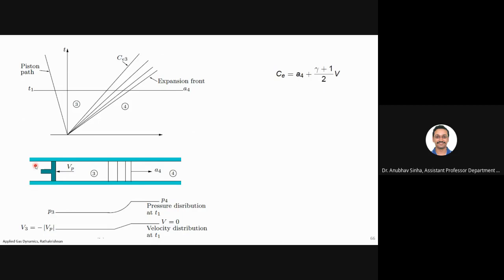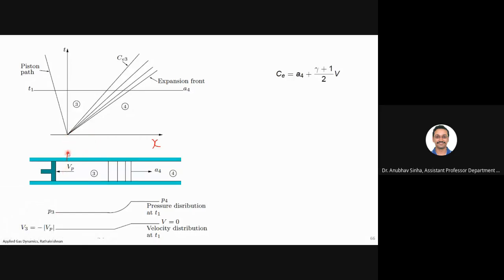Now let us look at the plot for it. Here x is your distance from where the piston starts to move. First of all, let us talk about the piston.